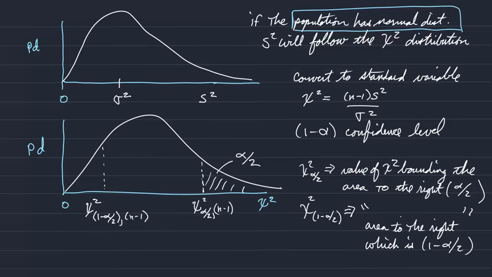I hope you can see that this is how we're defining our alpha. So everything to the right of this is 1 minus alpha over 2.